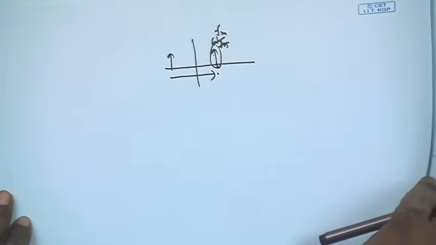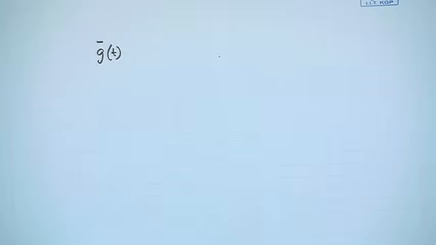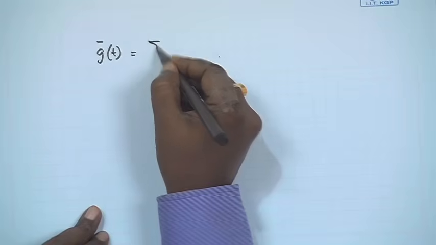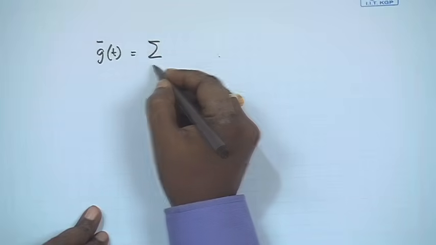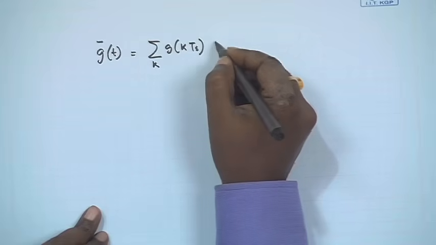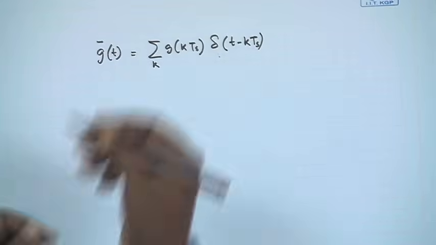Now, what I have to do is, I had a g(t), which is represented as this summation, let us say over k or n, whichever you put: g(kTs) delta(t minus kTs). You can even put n, earlier I was writing n.